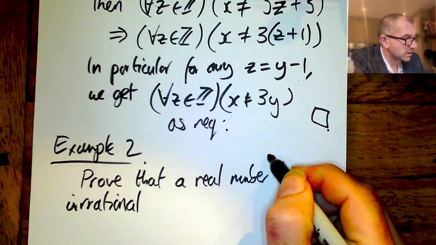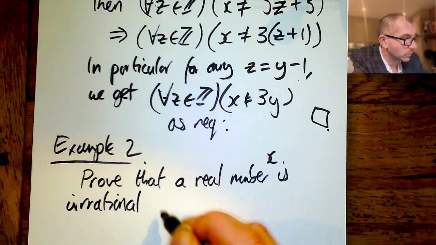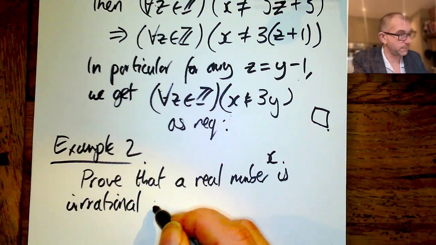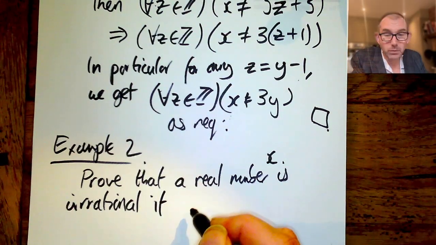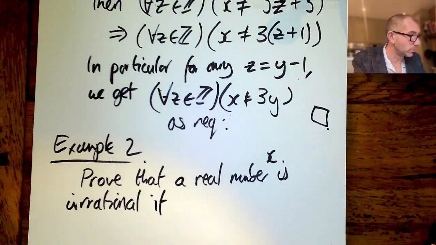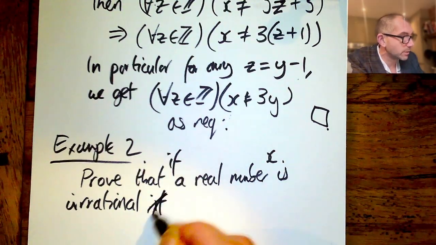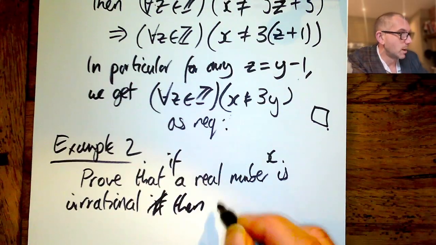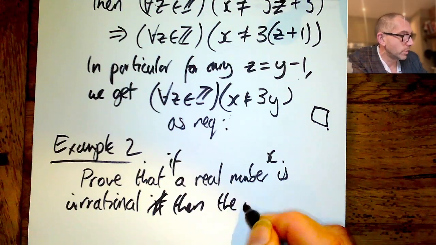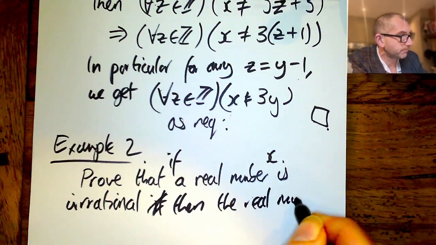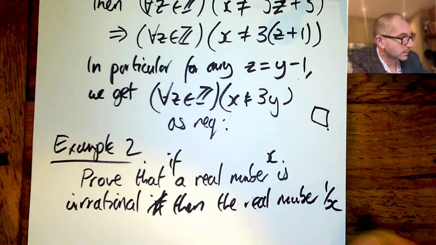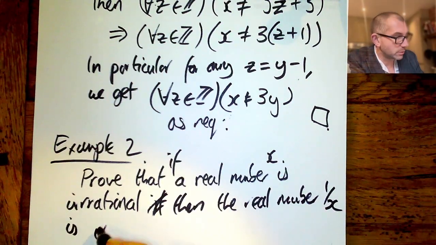So a real number, let's say x, is irrational if... prove that if a real number x is irrational, then the real number 1 over x is irrational.